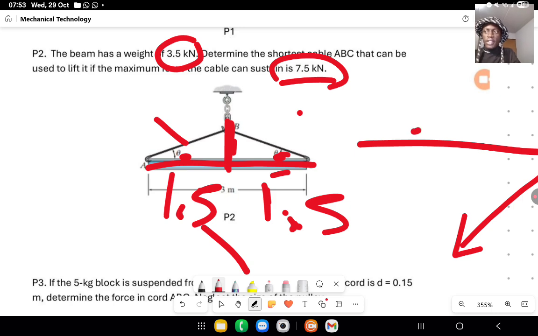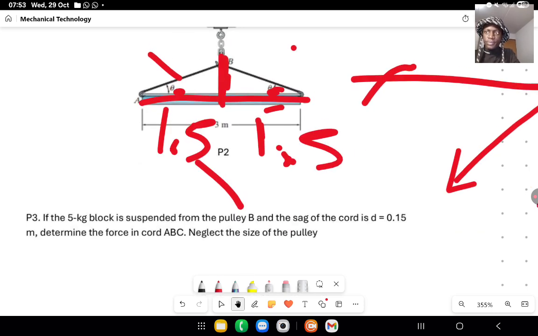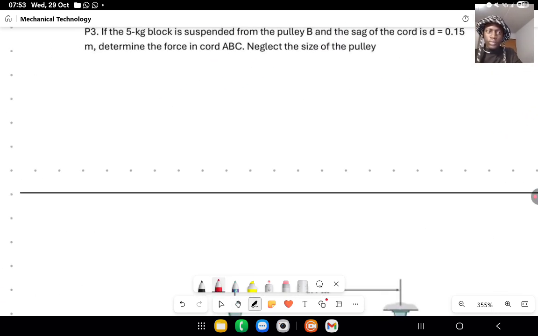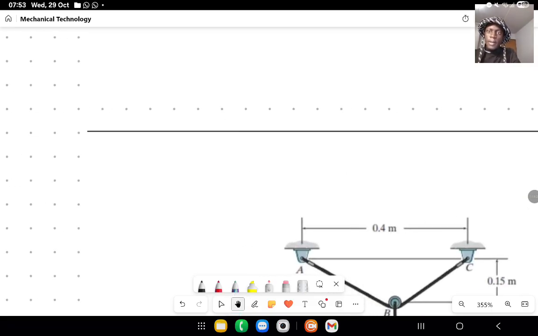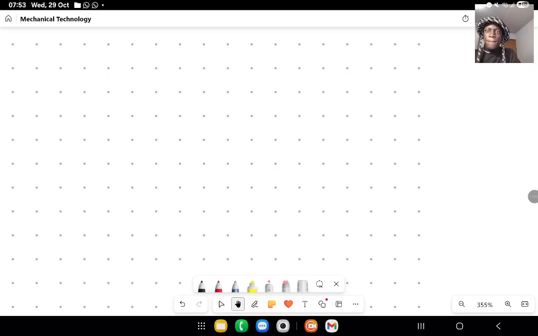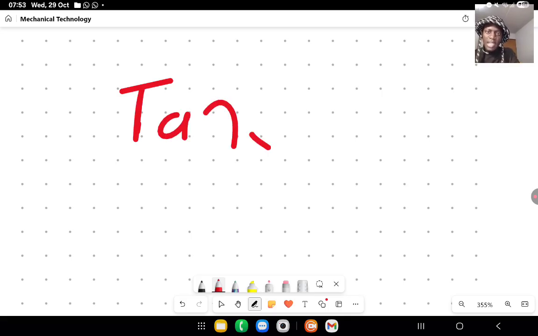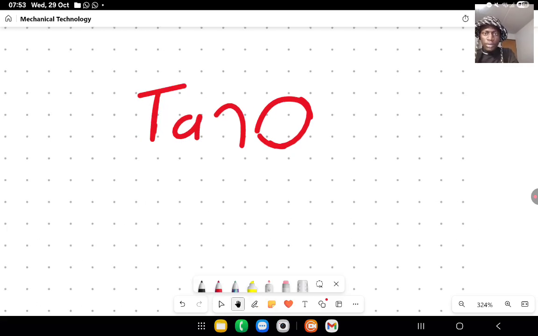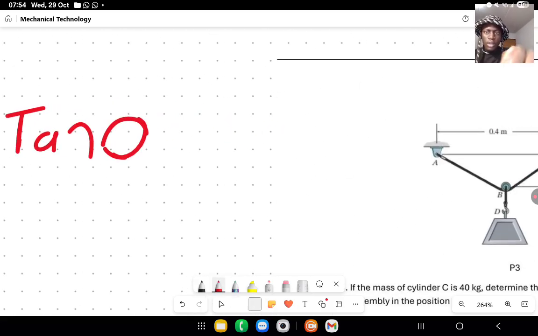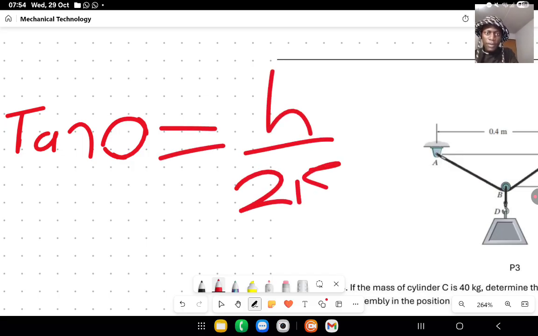How are we going to find them? We are going to say tan of the angle is equal to h divided by 2.5.